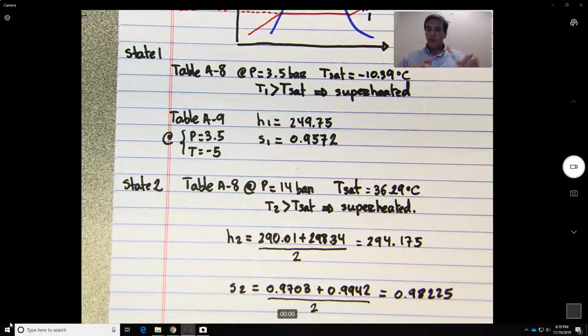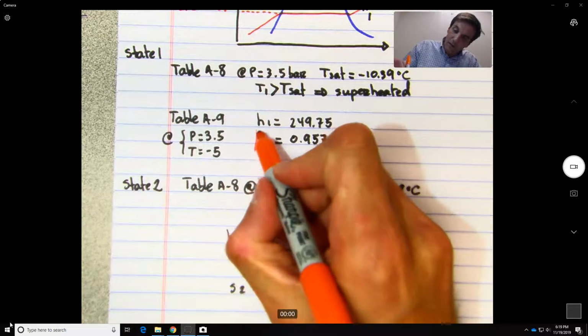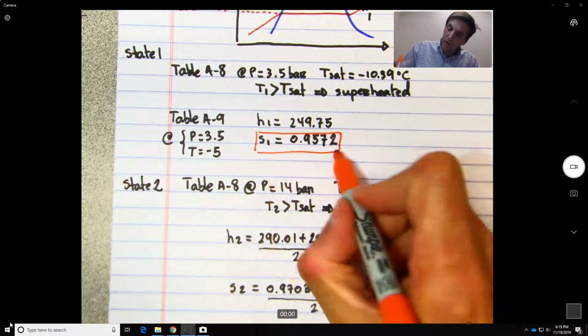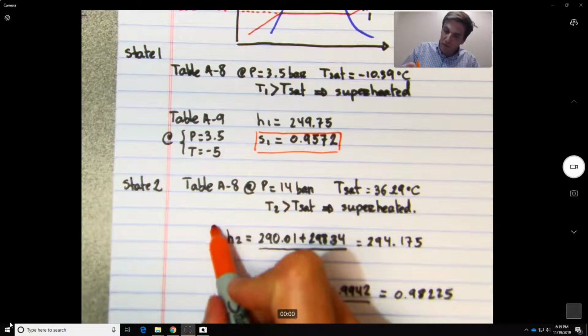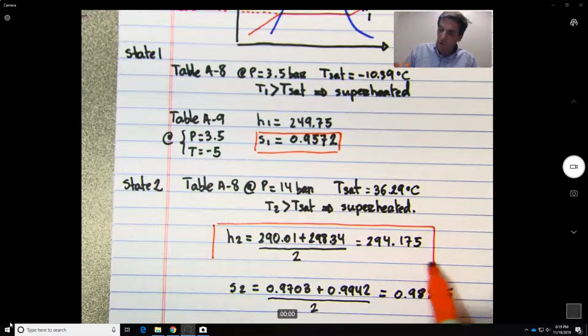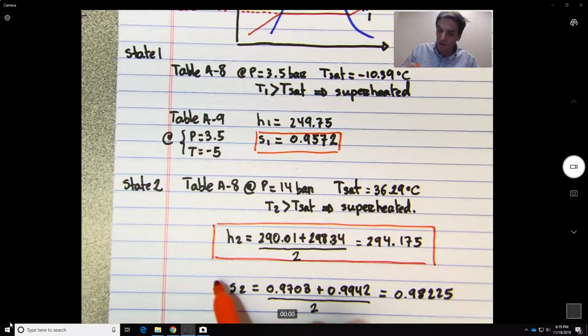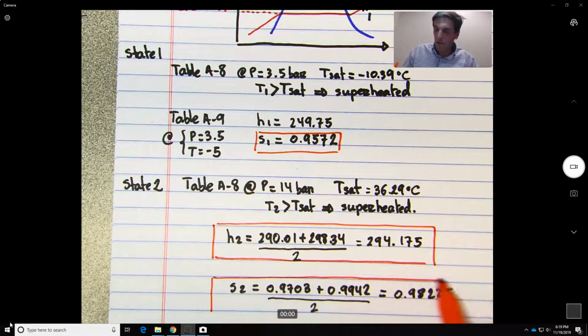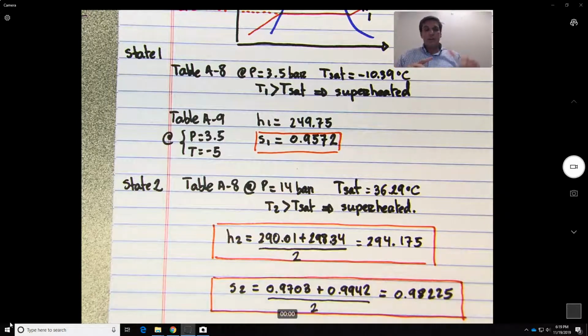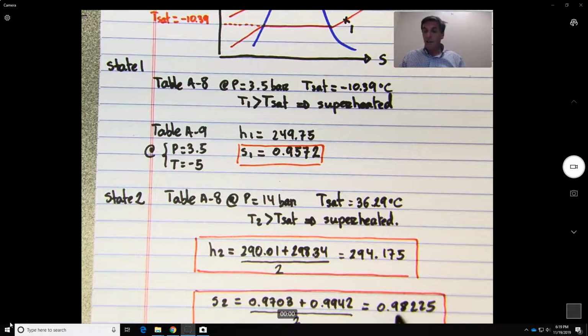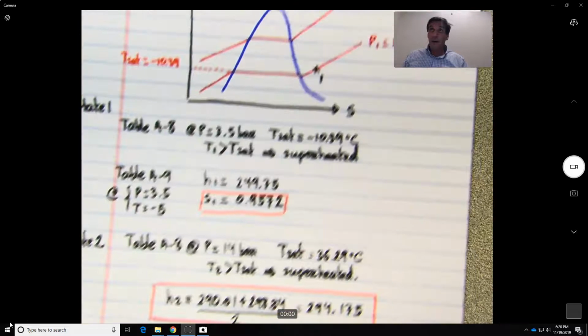So let's try to mark these values because we might need them later on. Okay, and we can see that S2 is 0.98, S1 was 0.95.